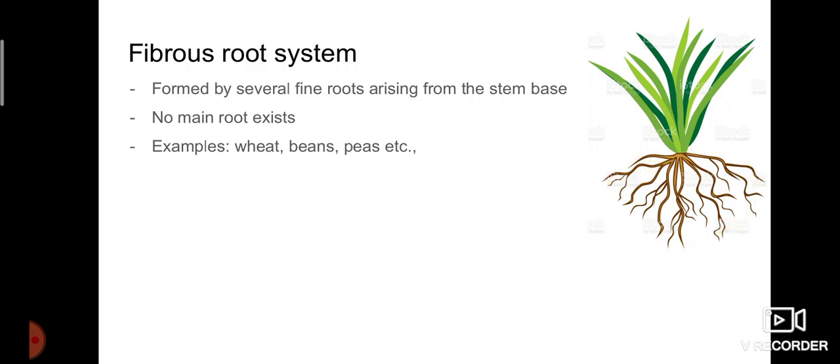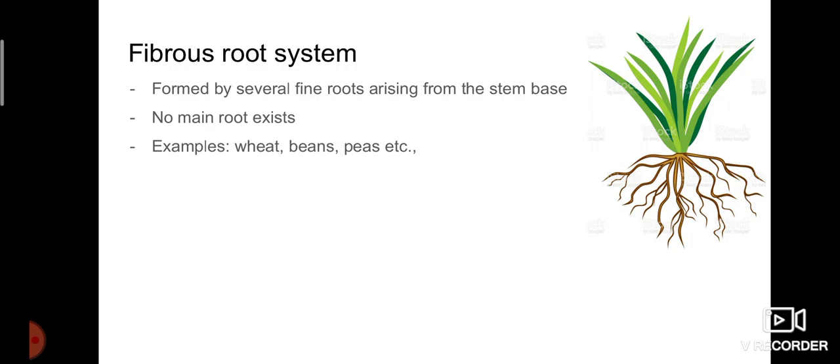Can you find any single primary root here? No, we can't. In fibrous root system we can't find any main root. All the roots are fine roots arising from the stem base. So no primary root exists. This type of fibrous root we can find in wheat, beans, peas, etc.